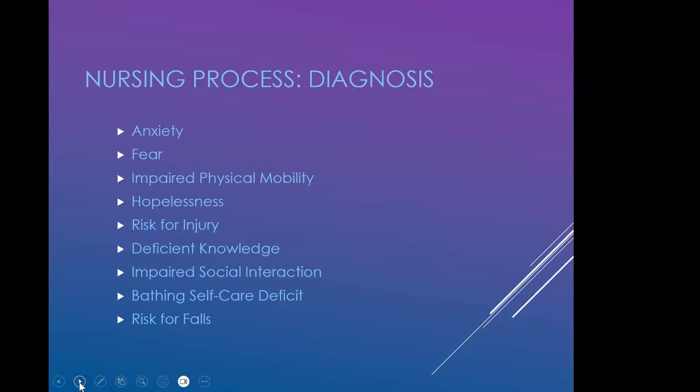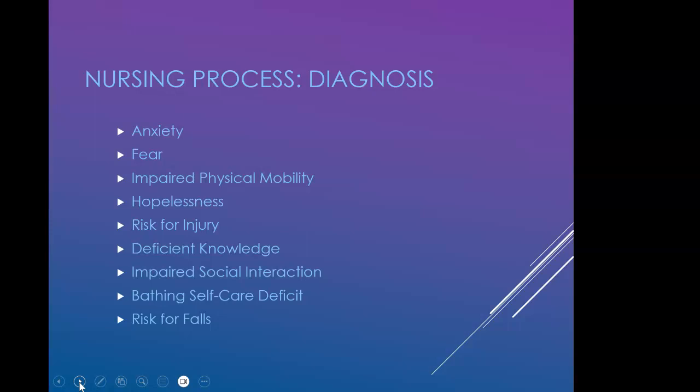Okay, so the diagnosis part. Here is a review of all the types of diagnoses you could use for a person with any type of sensory alteration: anxiety, fear, impaired physical mobility, hopelessness, risk for injury, deficient knowledge, impaired social interaction, bathing self-care deficits, risk for falls.